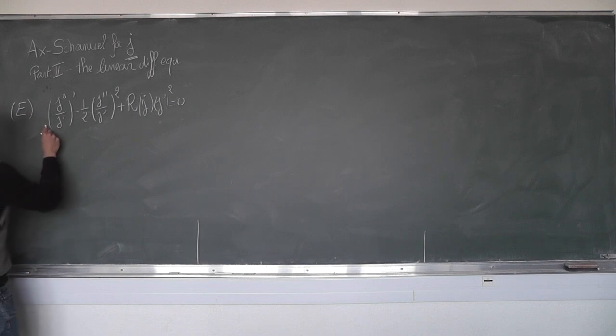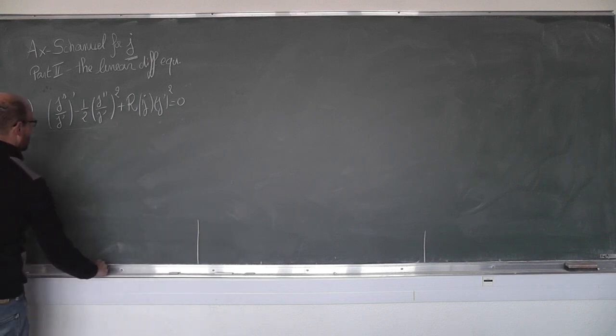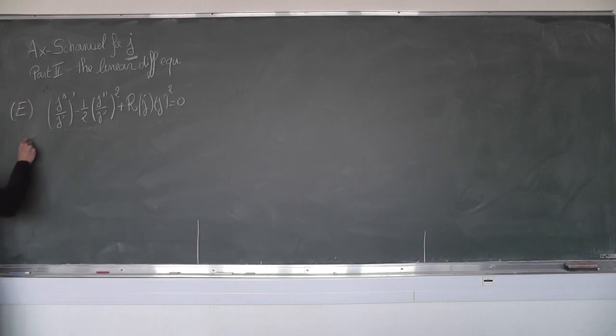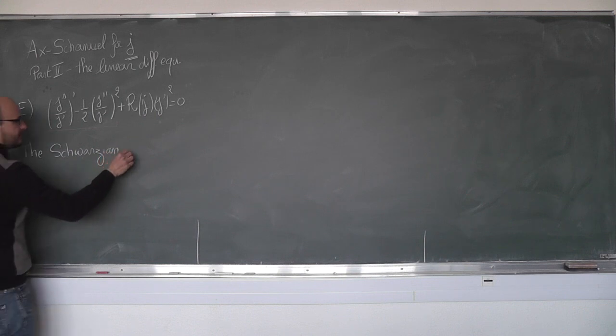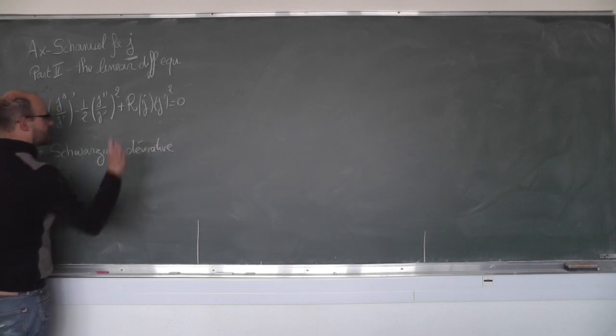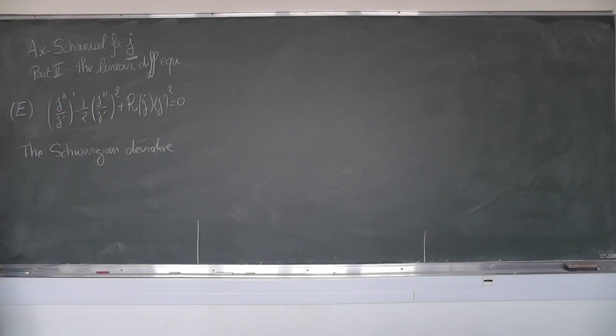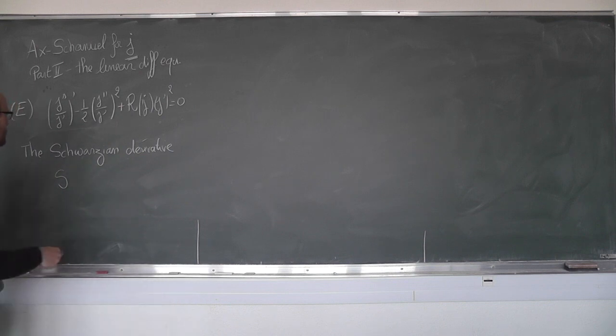So this particular operator that appears here has a very nice property. It is called the Schwarzian derivative. This is the operator that I will denote by S. There are many different notations for this operator.